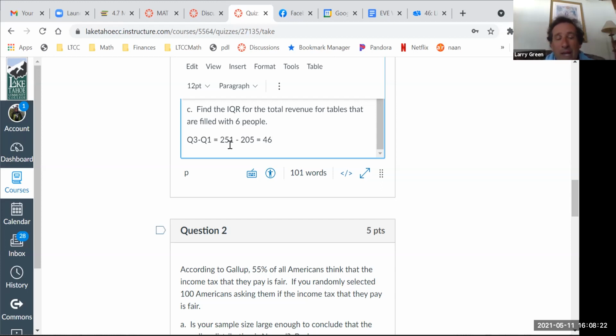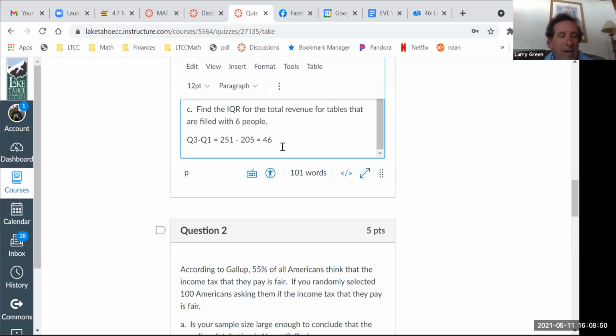If you're like me and you make mistakes sometimes, and everyone makes mistakes, but just in case you don't think you're perfect, then by showing Q3 minus Q1 equals 251 minus 205, and if I wrote equals 64 and it was a test, you're going to get most of the credit. Okay, I might take like a half a point off or something like that, but that would be it.